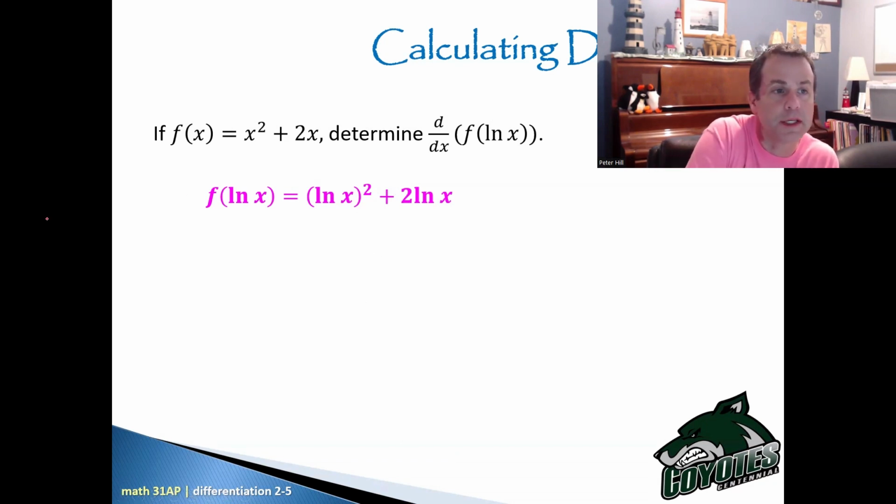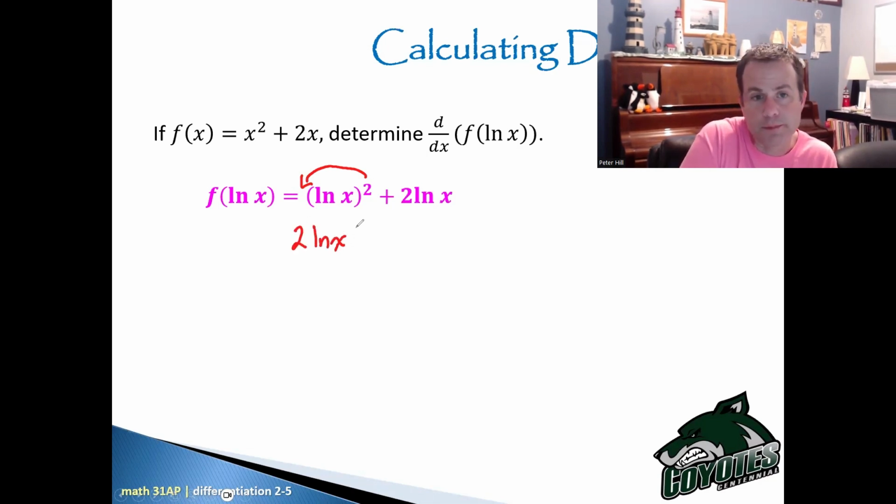I've got the chain rule happening here. The 2 is going to come to the front, and that's going to drop a degree. So that will be 2 ln x to the 1. And then I have to multiply that by the derivative of the inside function. The derivative of ln x is 1 over x. And then 2 times 1 over x.